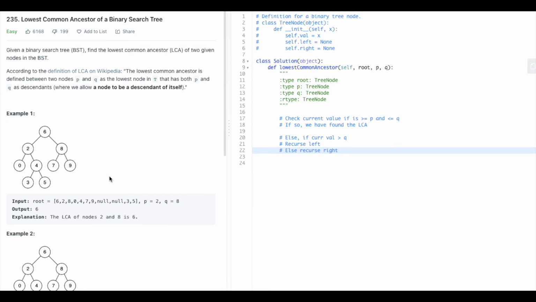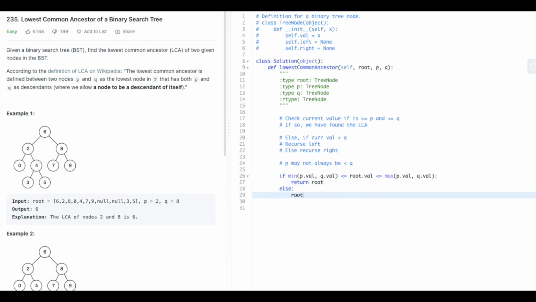Okay, so now we can just write out the code. Take note that, as I said previously, P may not always be less than Q. So you always have to check which one is the bigger one when we look at this comparison. So we simply say: if the minimum of P's value and Q's value is less than or equal to my root's value, and my root's value is less than or equal to the maximum of them, then we just return the root because we have found the ancestor.